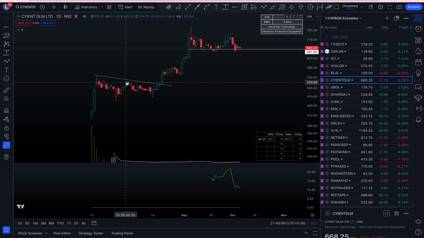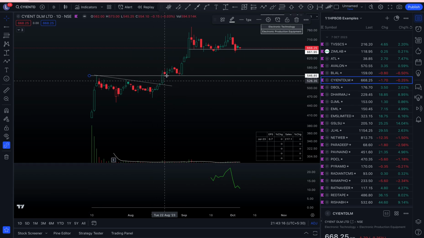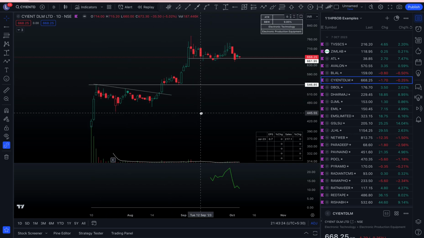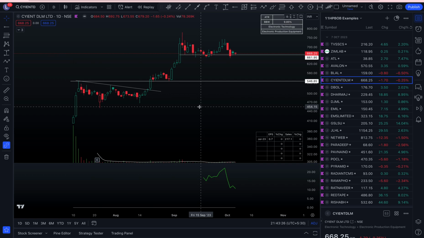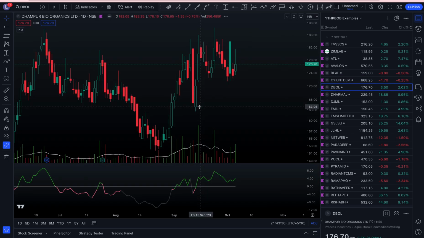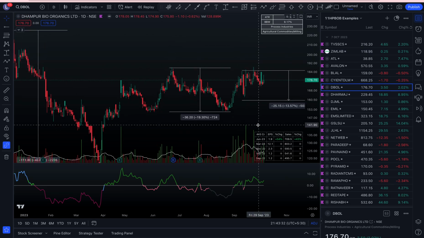And after that, a very nice setup, 1T, 2T, and if not this day, this was a clean entry. And this was also, like I said, the breakout of the first kind. So essentially, the first pivot high after the stock has been listed, its breakout is the way to trade. The most straightforward way to trade the IPO based breakout, right?